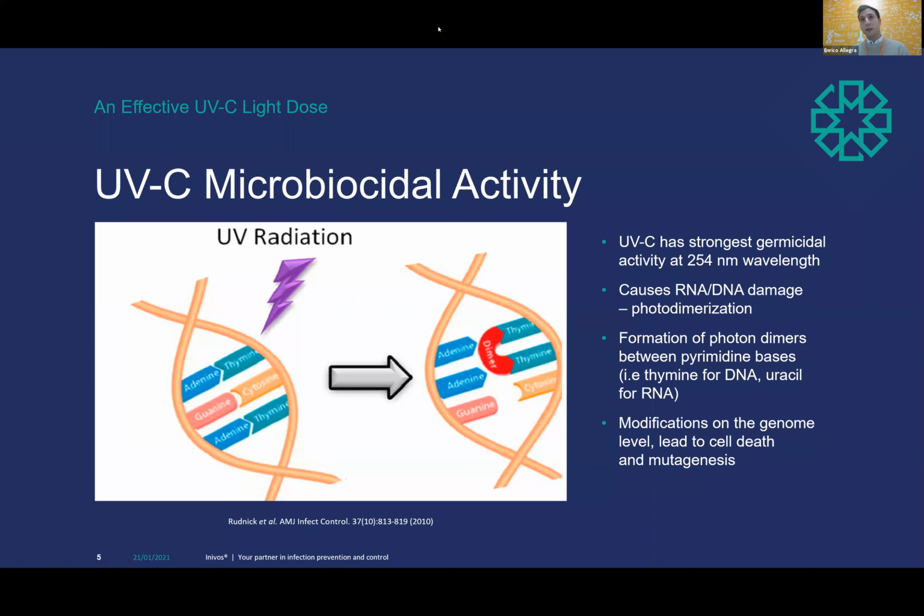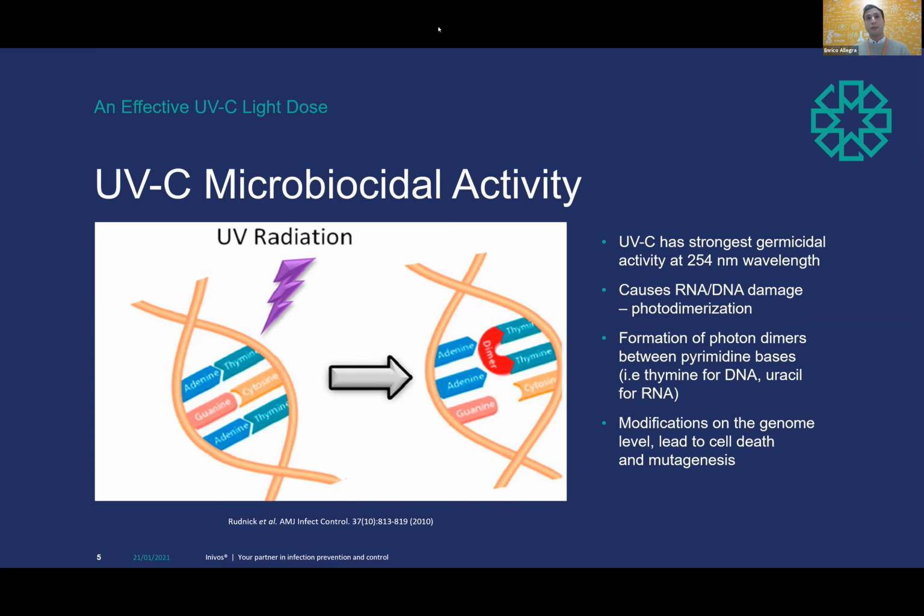In the case of DNA, we're talking about thymine. In the case of RNA, we're talking about uracil. These photodimers will lead to the generation of photoproducts. These photoproducts, such as cyclobutane pyrimidine or the pyrimidine 6,4 pyrimidone, will lead to several DNA damages.